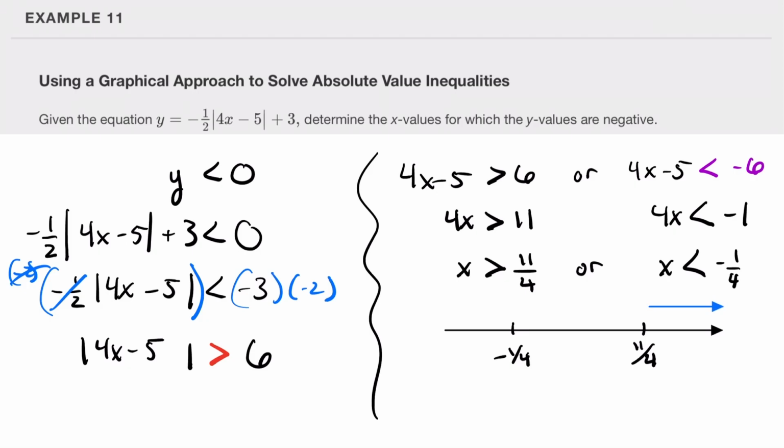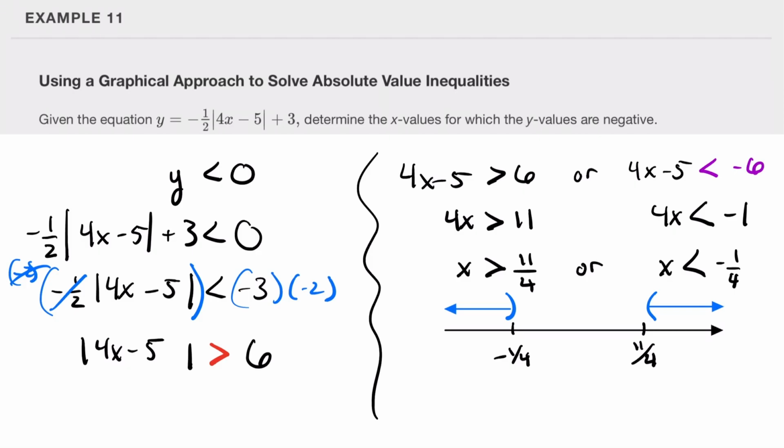And because we're not equal to, there's no bar, that means we use a parenthesis. I don't know why I can't draw parentheses today. That's fine. And then if x is less than negative 1/4, for that part we're talking about the numbers in this direction. Let's try that again. And again, there's no bar, so we use a parenthesis.